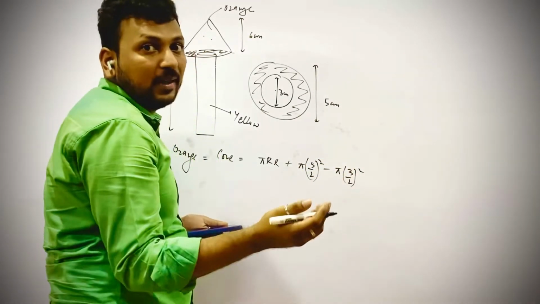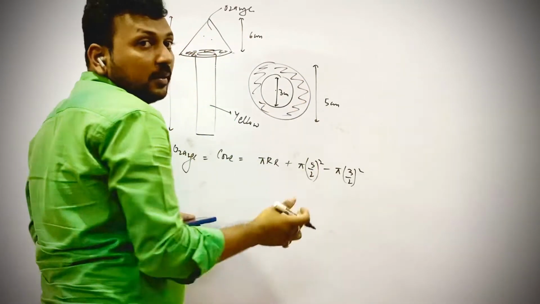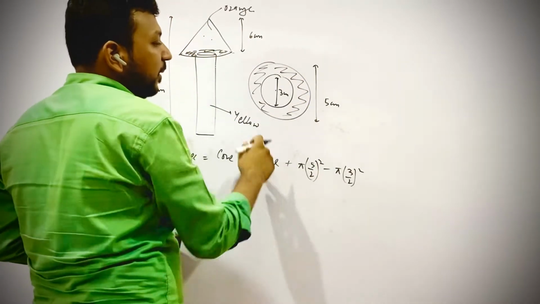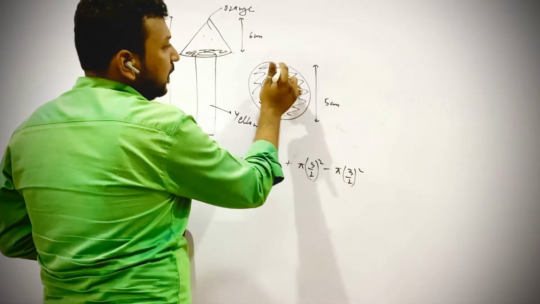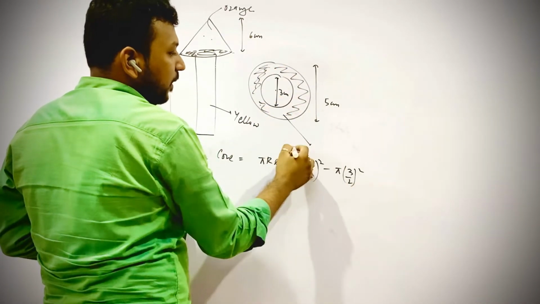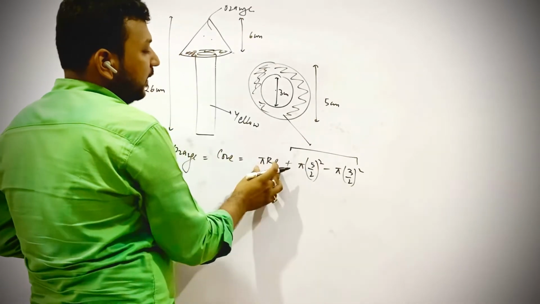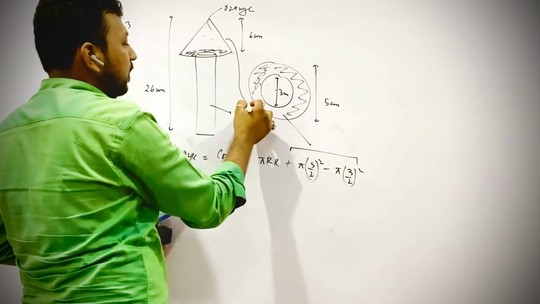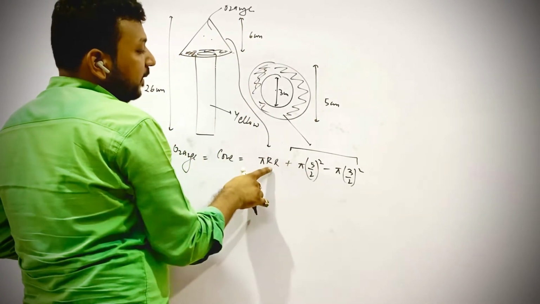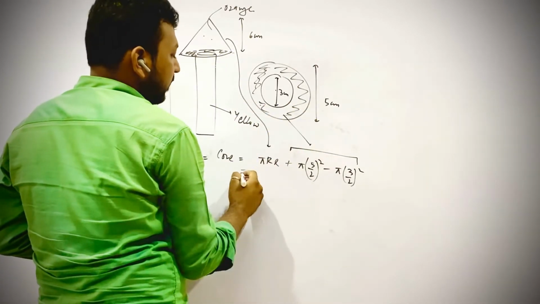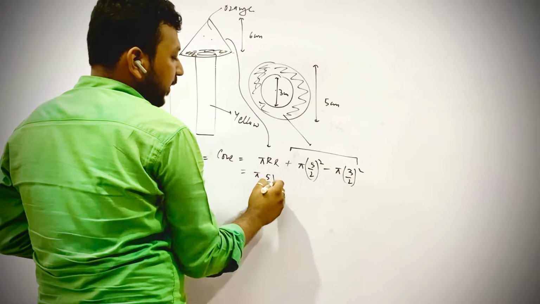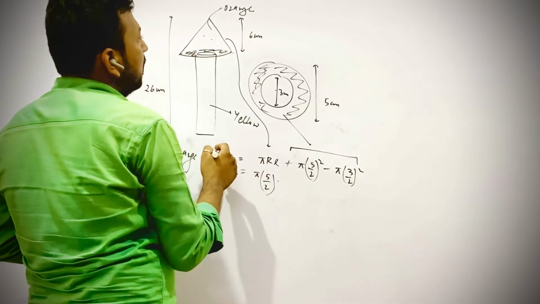One mistake that people make is they consider the diameter as radius, but the radius is 3 by 2, right? So you paint this shaded portion area, this much, and this is the cone curved surface area, pi r l. In this, what is r? It is the total radius, that is 5 by 2. So pi into 5 by 2 into l. Now what is l?